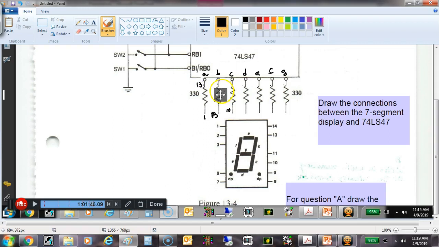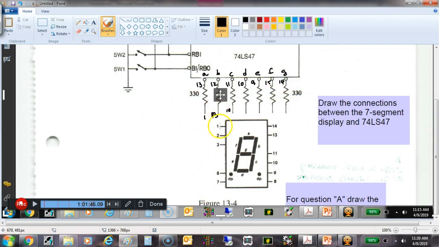The B segment on the 7447 would be pin 12. The C segment would be pin 11. The D segment would be pin 10. The E segment would be pin 9. The F segment is going to be pin 15. And the G segment is going to be pin 14.